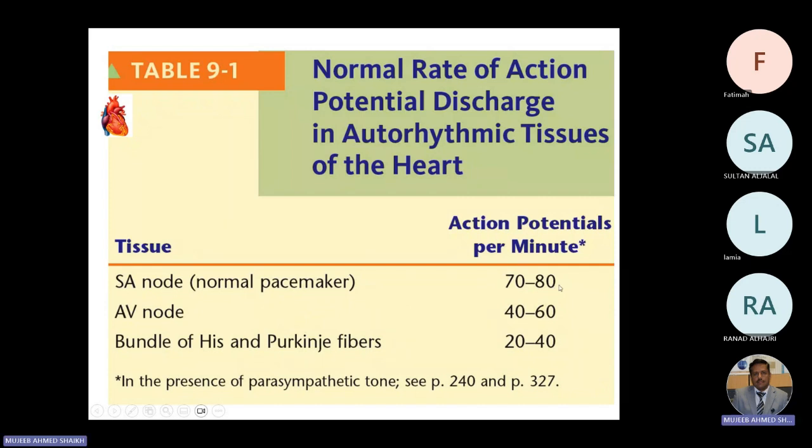Whereas a similar function of the AV node is there, but the number of action potentials will be 40 to 60 times per minute. Again, generation in this area will be 20 to 40 times per minute. So the one which has the highest number of action potentials is known as the SA node, or the normal pacemaker of the heart. Okay.